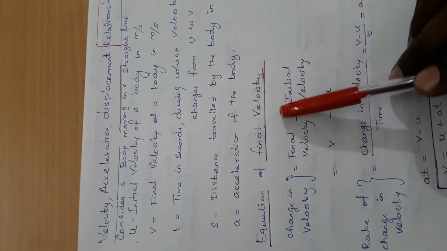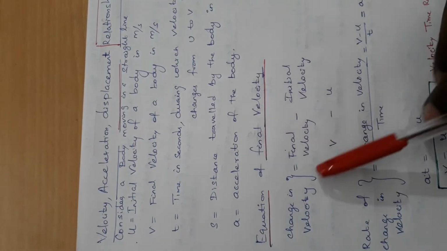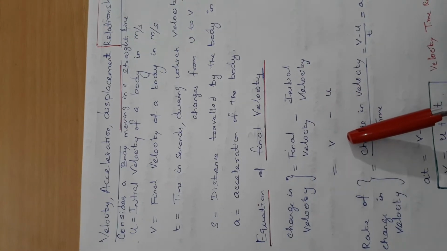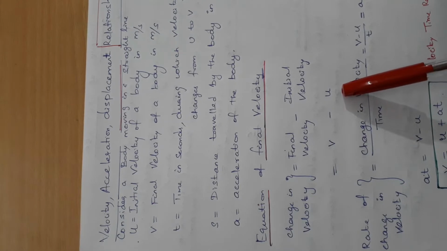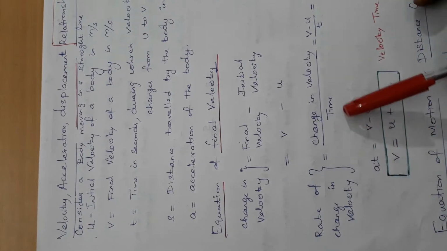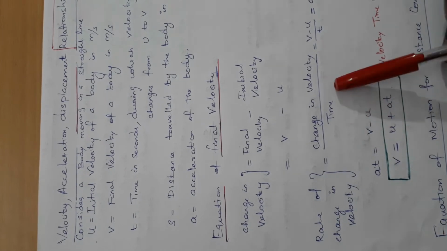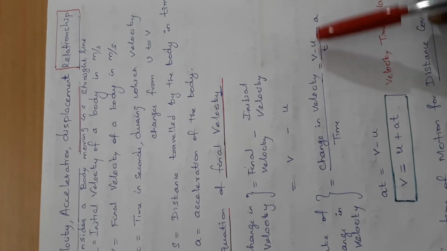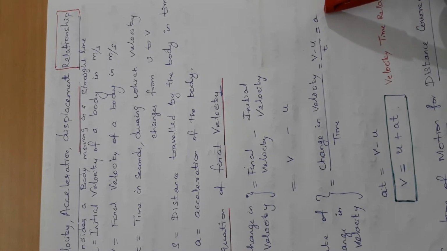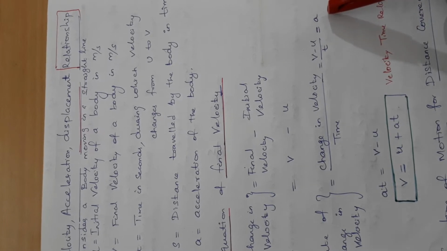Change in velocity is final velocity minus initial velocity, that is, v minus u. The rate of change of velocity is change in velocity divided by time, that is, v minus u divided by time is equal to a.